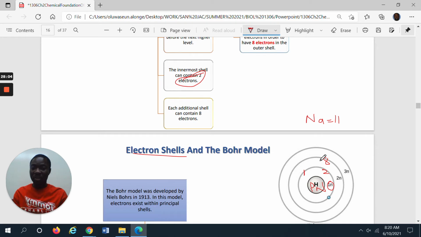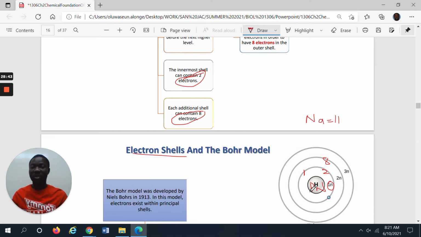Now, the number of electrons determines the number of shells that an element is going to have. So an element that has 11 electrons like sodium is going to have 3 shells, because the first shell can only take 2. But every other shell can take a maximum of 8. They cannot take 9. They can take 7, 6, 5, 4, 3, 2, or 1. But they cannot take more than 8. The first shell can take 1 as well, but it cannot take more than 2.